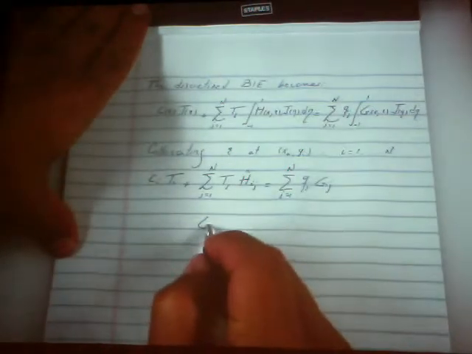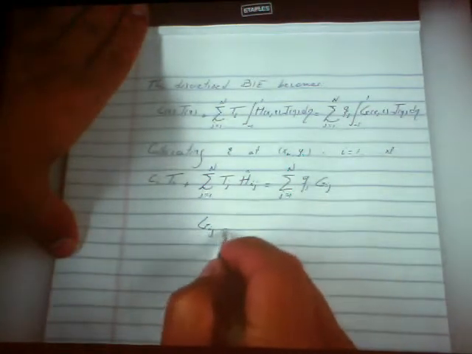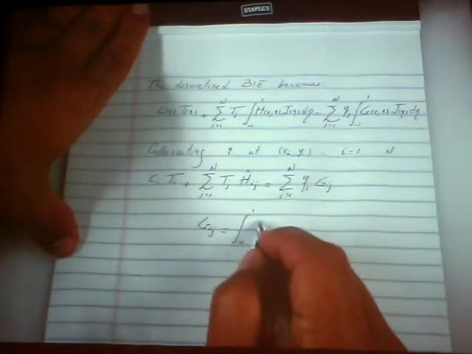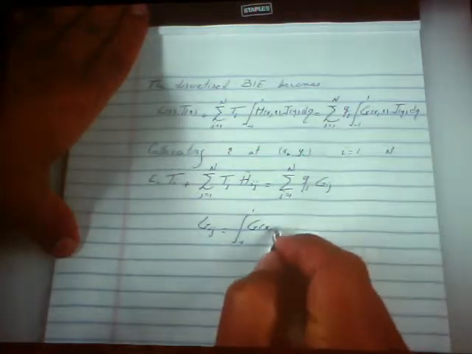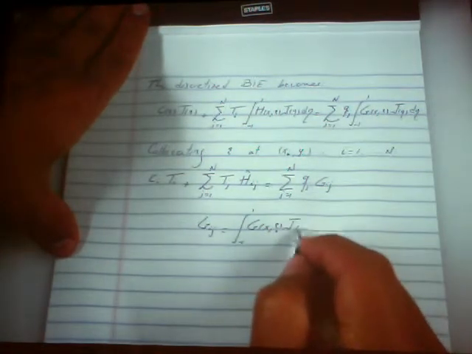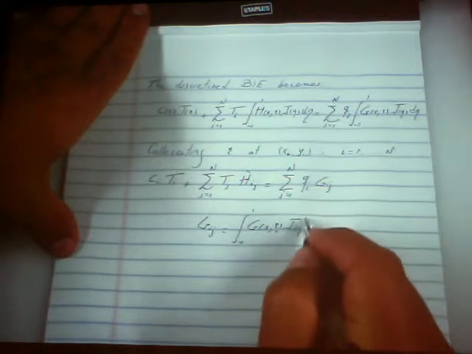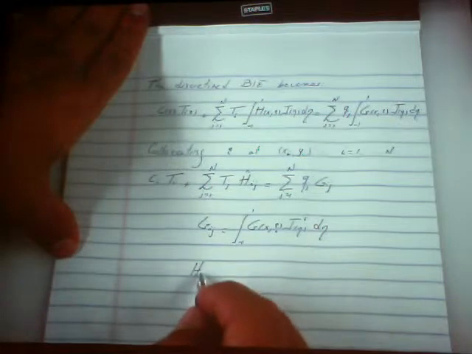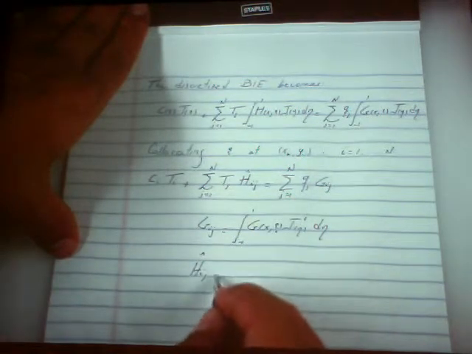Gij is simply equal to the integral from minus 1 to 1 of g of x and psi i times the Jacobian of element j d eta, and likewise for Hij with a hat.